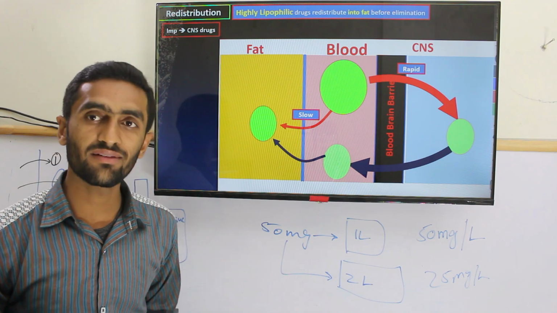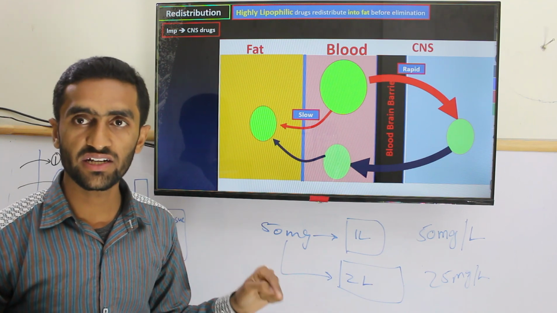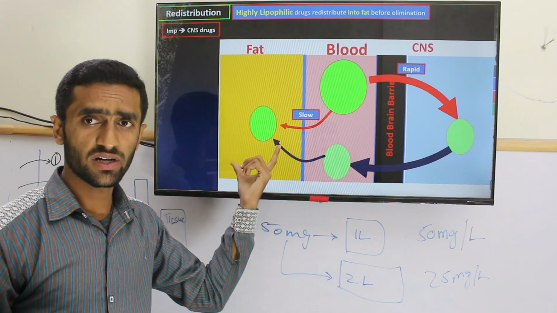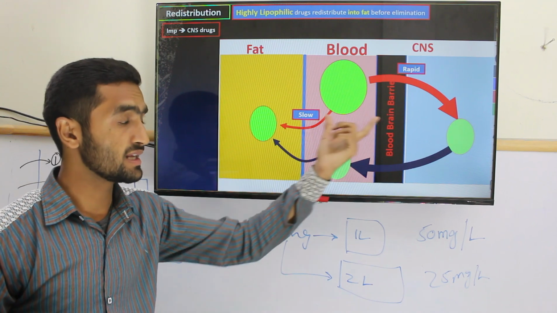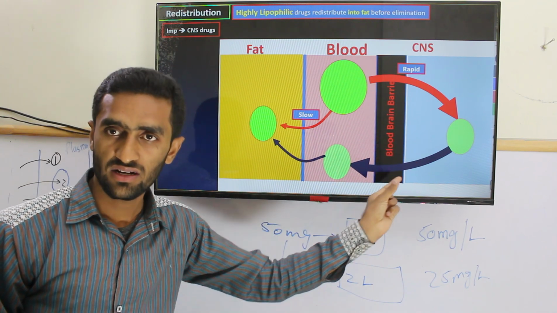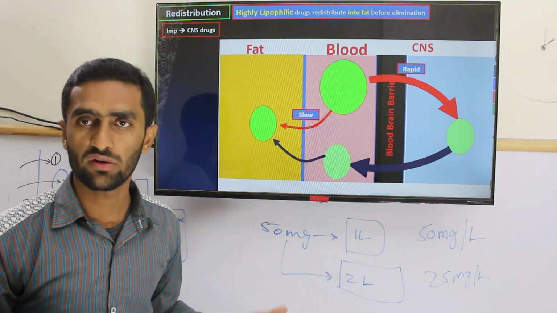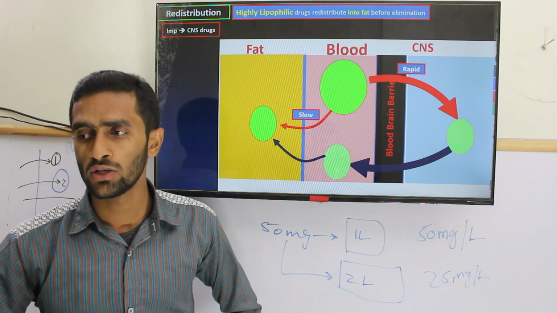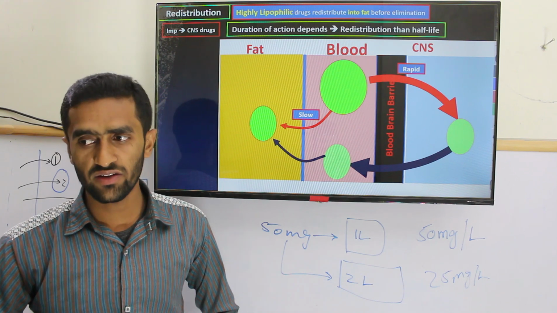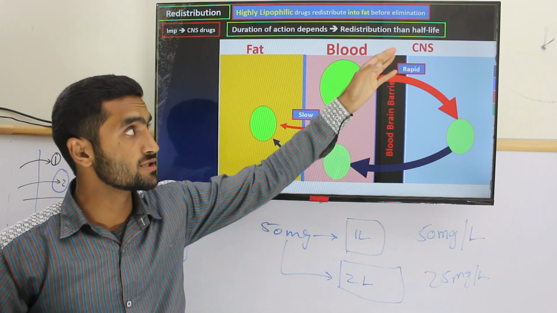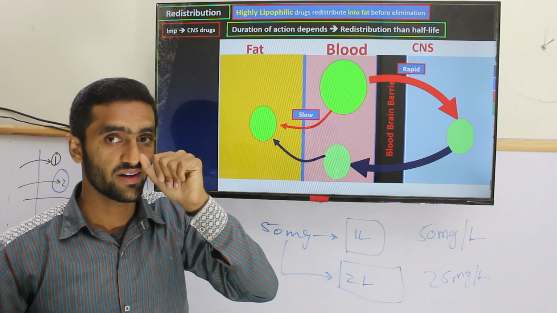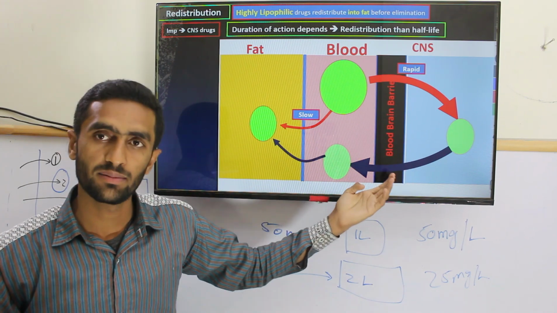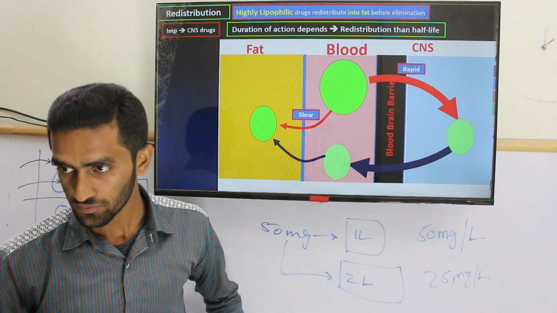That's why we continuously give anesthesia until this fat becomes saturated. Then our drug remains in the CNS for a longer period, so we can continue our process. So it's a very important concept. Duration of action depends on redistribution instead of the half-life, because normally we calculate with the half-life, but in this case it depends upon the redistribution.